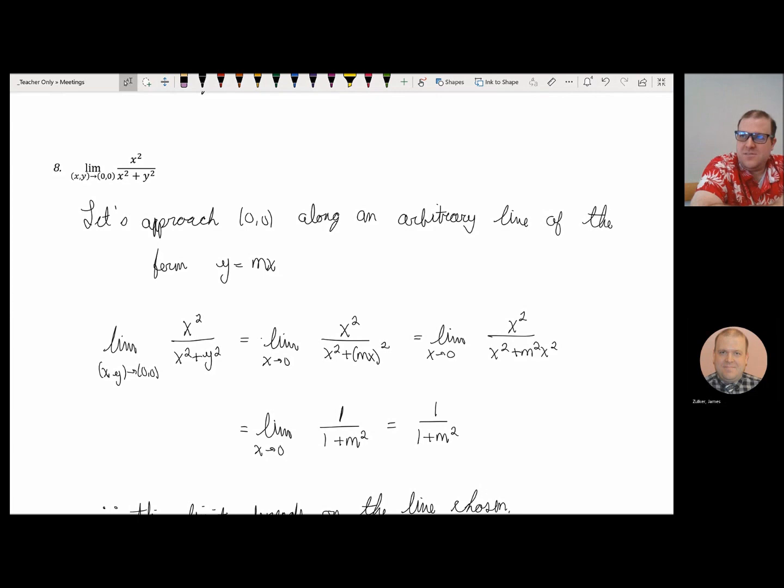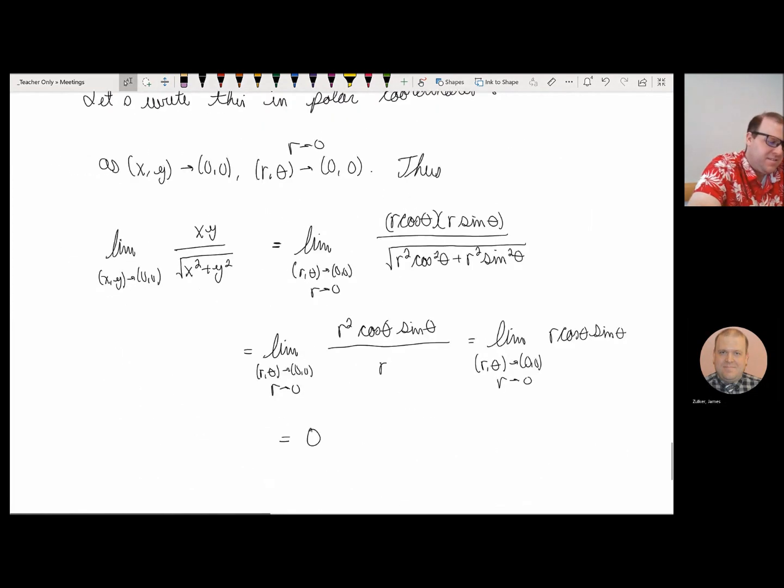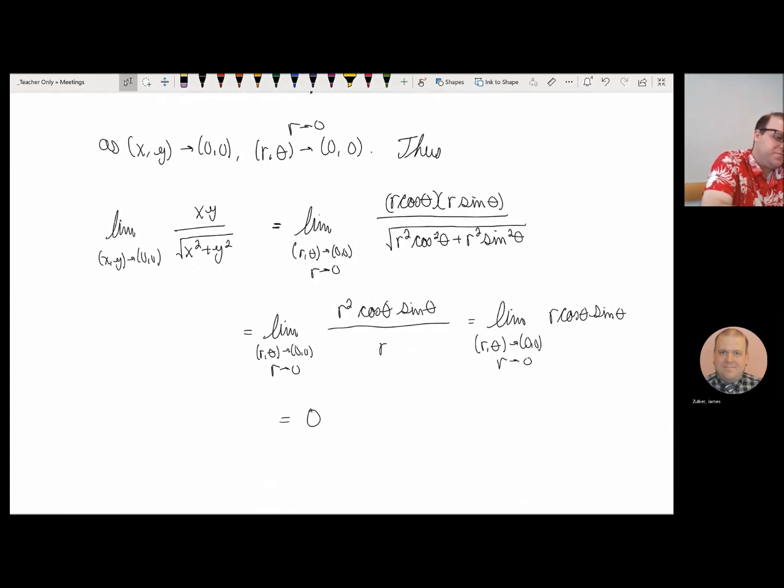How do you know to use the polar coordinates instead of y equals mx? And how do you recognize to do that? Because you saw the square root of x squared plus y squared there and saw that that's r.